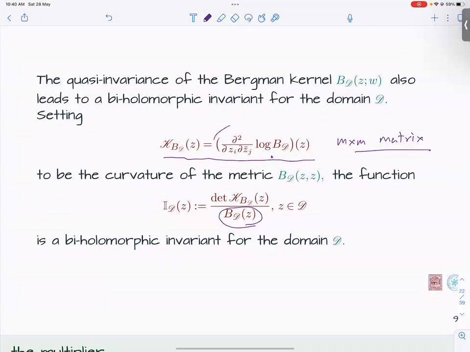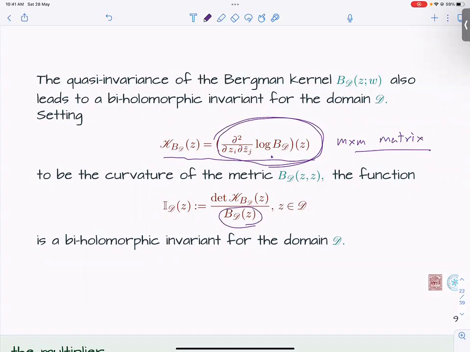The ratio of the determinant of the curvature by the Bergman kernel is going to be an invariant for the domain D. Somebody trying to say something? Did anyone ask a question or say something? No? Okay.